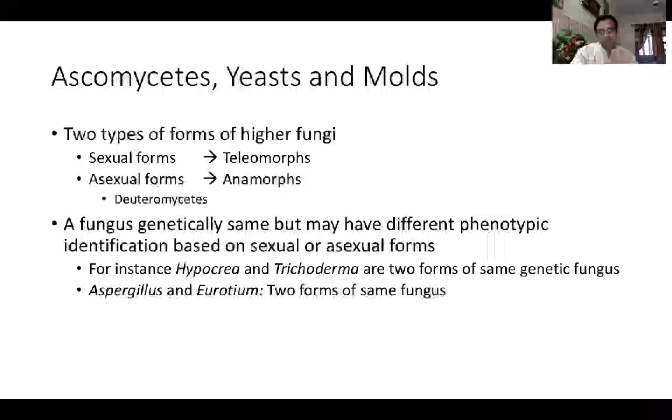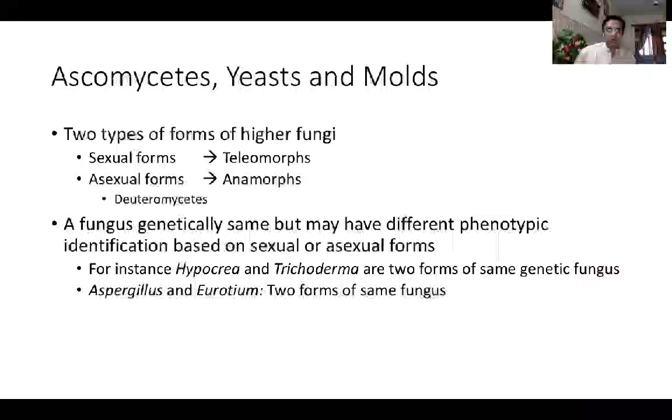Hypocrea and Trichoderma are genetically the same but morphologically different. This is what I want to tell you. Now, Hypocrea is basically the sexual form of Trichoderma. It contains ascospores. Trichoderma doesn't contain ascospores. It contains asexual spores known as conidia.